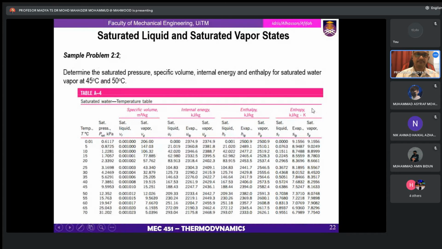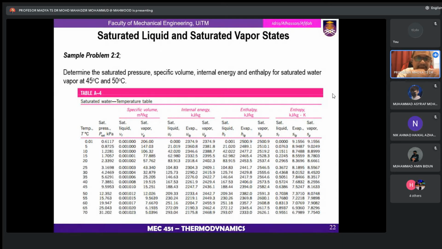Let's look at problem number 2. Determine the saturated pressure, specific volume, internal energy, enthalpy for saturated water vapor at 45 and 50 Celsius. Everybody, please answer this question. Determine the saturated pressure.